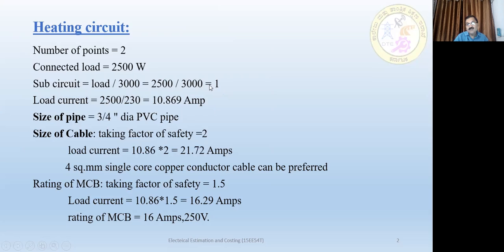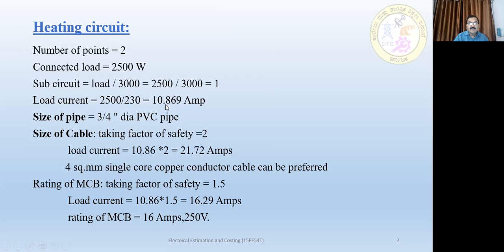Now we have only one subcircuit, so load current is equal to power divided by voltage. Power is 2500, voltage 230 volts, we get 10.869 ampere. This is the load current in the heating circuit.